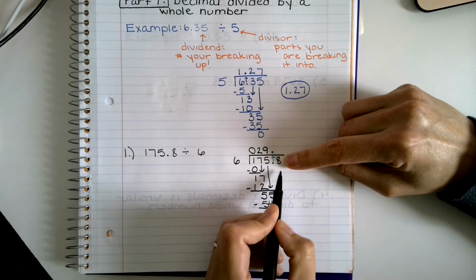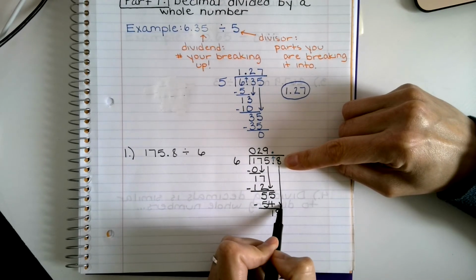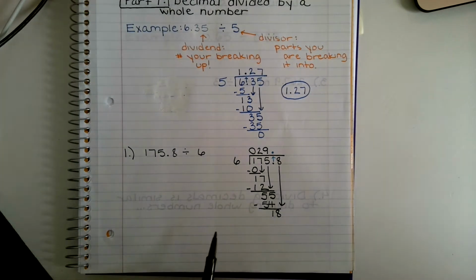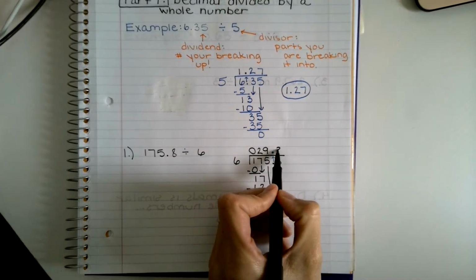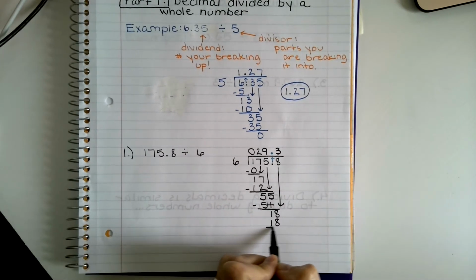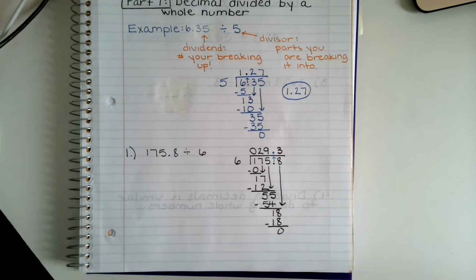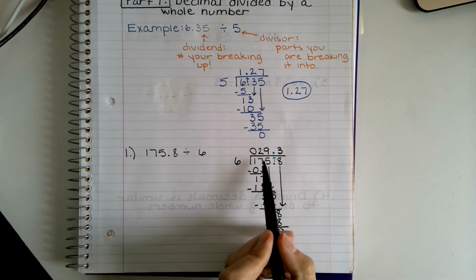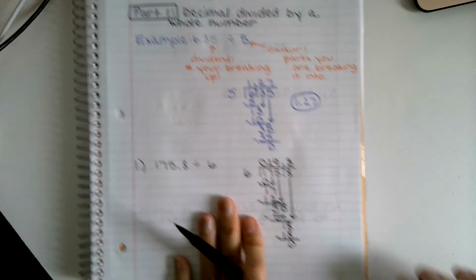How many times can 6 go into 18 without going over? 3. 3 times 6 is 18. So that'd be 0. Remember, with decimals, you will not have a remainder. You only get remainders when you're doing whole numbers. Okay, so that was number 1, 29 and 3/10.